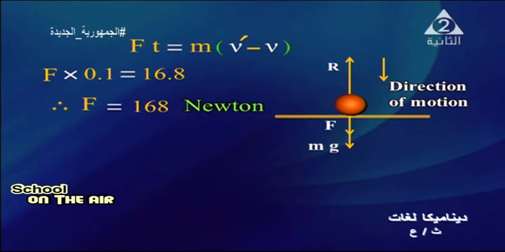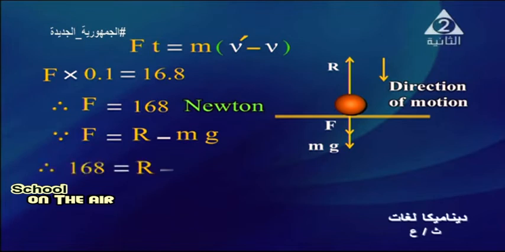The ground acts on the ball by the reaction R, vertically upward, in the opposite direction of motion. Then from the figure, R equals F plus mg, or F equals R minus mg.